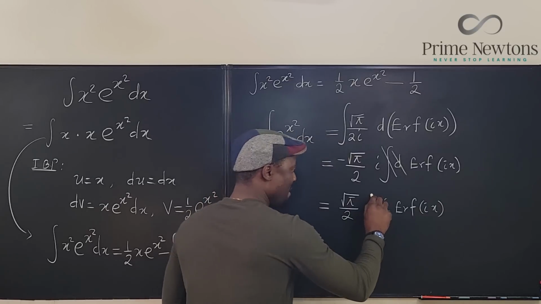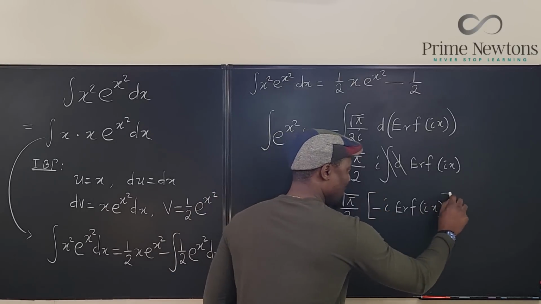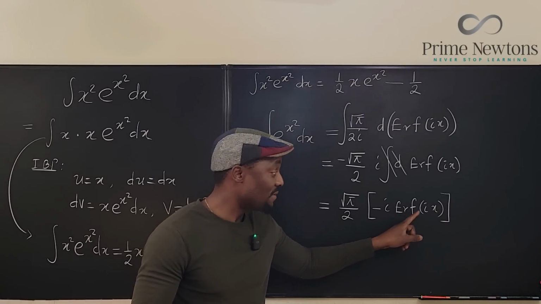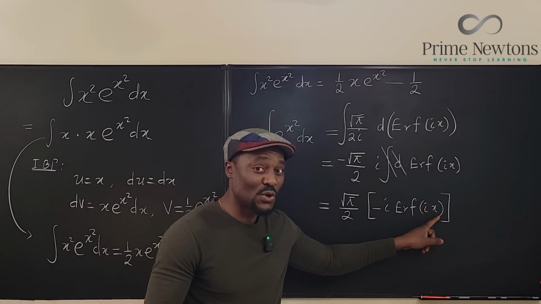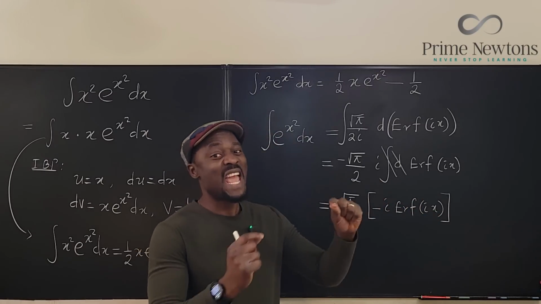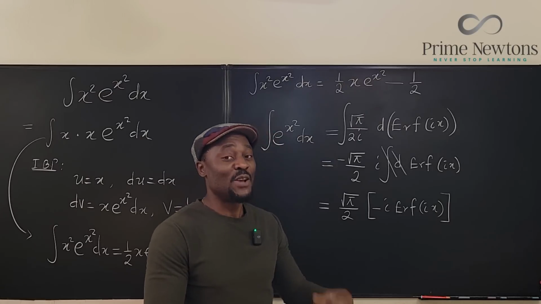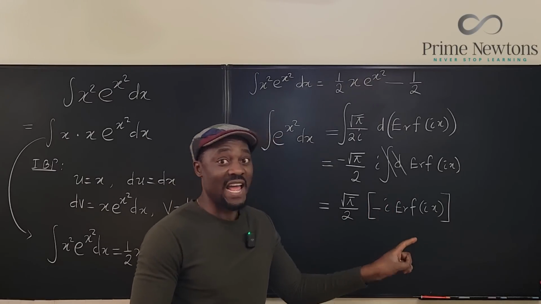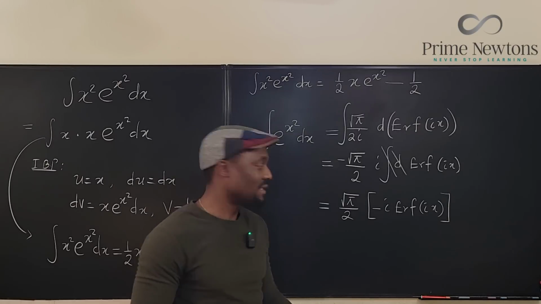Okay, let me put this in a box because it has a special name. -i times the error function of imaginary x is what you call the imaginary error function, which is the Erfi. Okay, always has an i after it, but you're going to have it to be x.